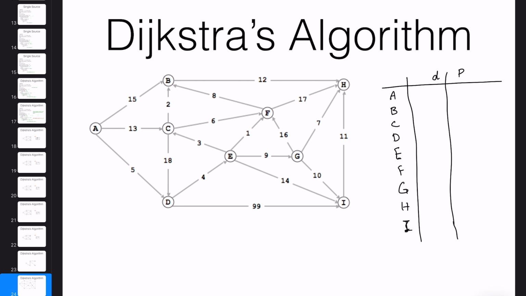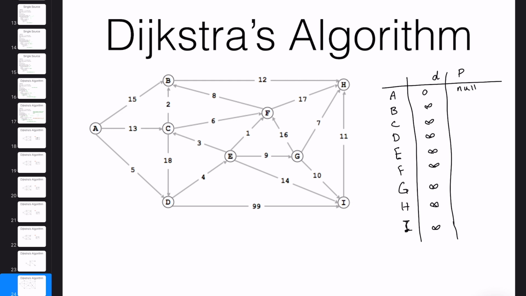The cost for all the nodes is going to be infinity except the starting point, which is 0. And the parent of A is going to be null.